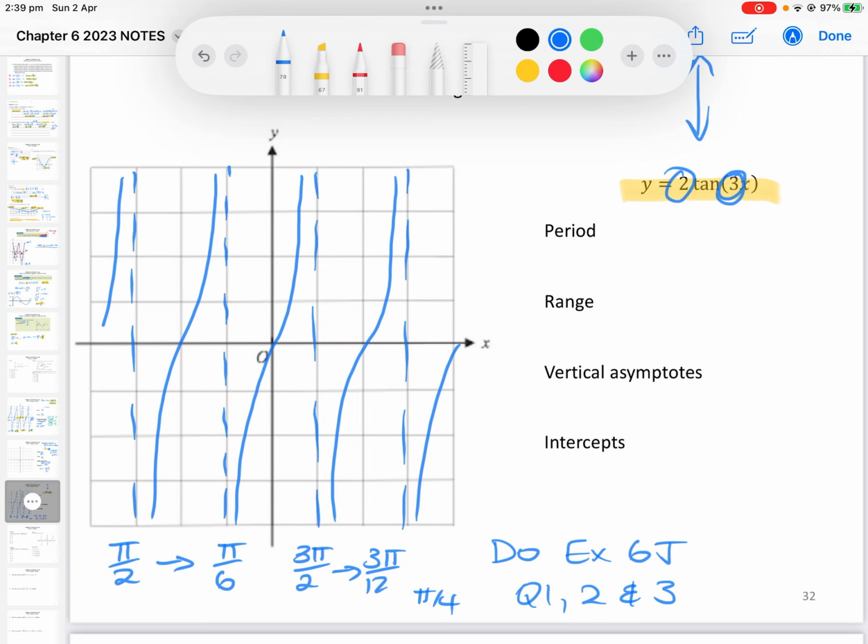But then when we look to the asymptotes, everything's been taken 1/3 in. So this first one here will be at x equals pi on 6. And the next one would be at, well, 3 pi on 12, so I'm going to say pi on 4.